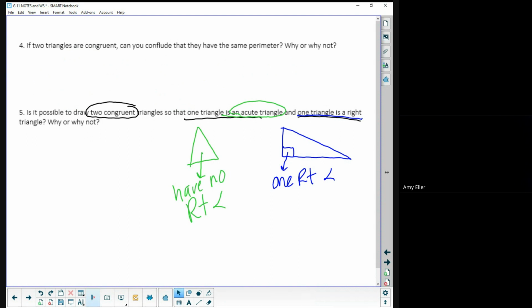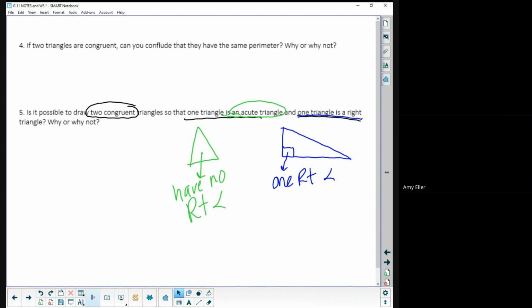If it did have a right angle, it would be called a right triangle. So acute triangles have only acute angles. If it had an obtuse angle, it would be called obtuse triangle. If it had a right angle, it would be called a right triangle. So it has no right angles.